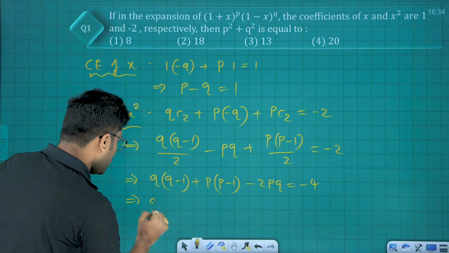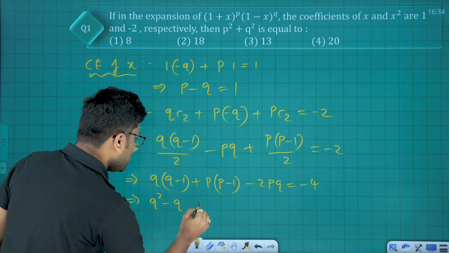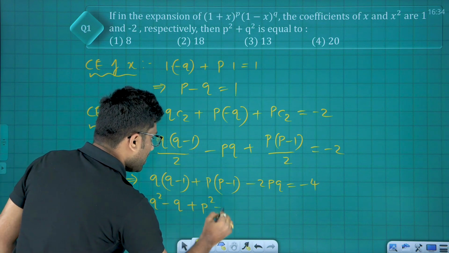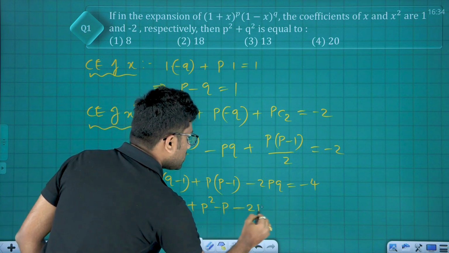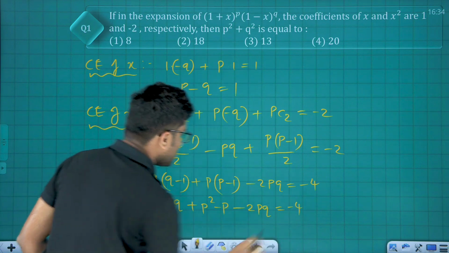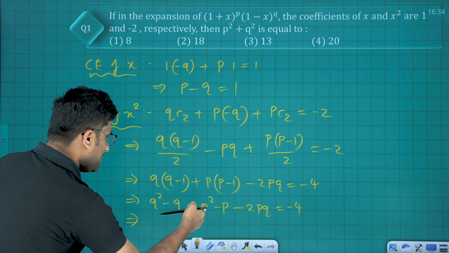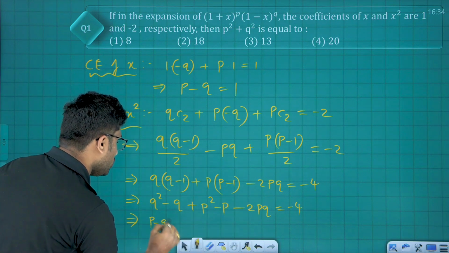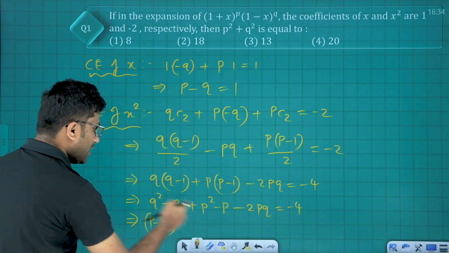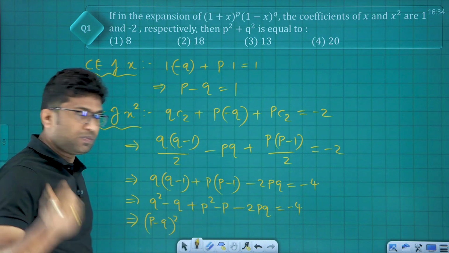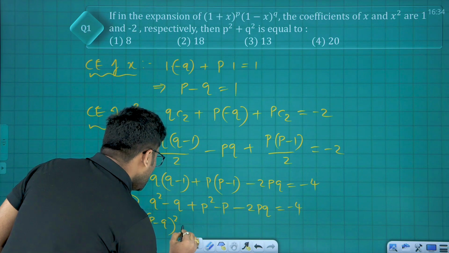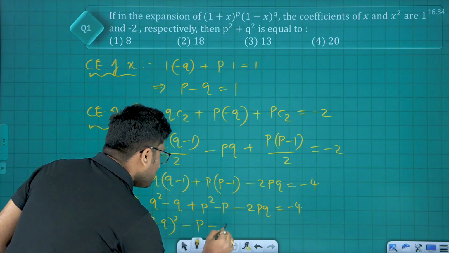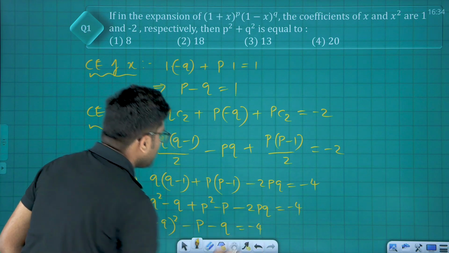So q² − q + p² − p − 2pq = −4. See this, friends, p² + q² − 2pq we can write as (p − q)². Remaining terms we have −(p + q) = −4.